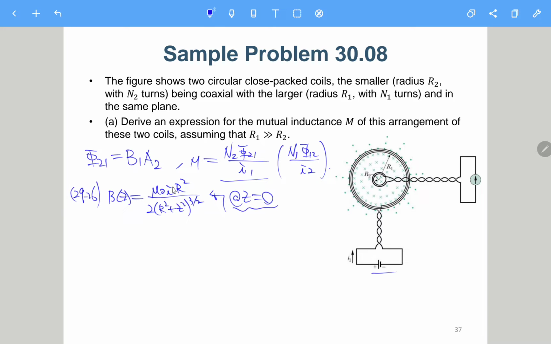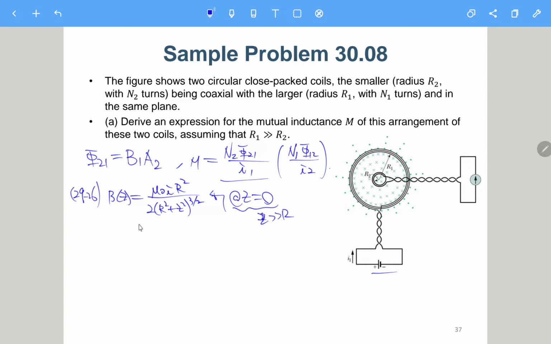Of course, at that time we considered the B field when z is much larger than R, so that we could just ignore R and have z to the third power, to make it like the dipole moment. But here, because they are on the same plane, we should still keep this term, and plug in z equals 0.